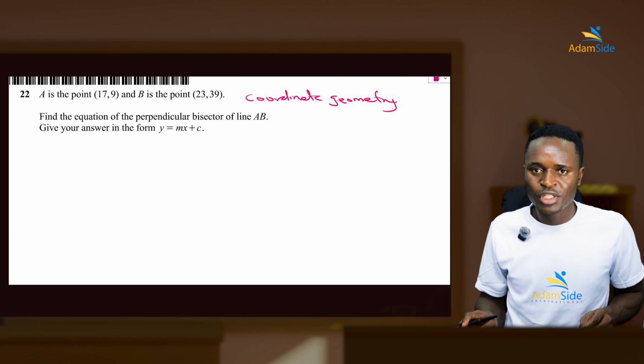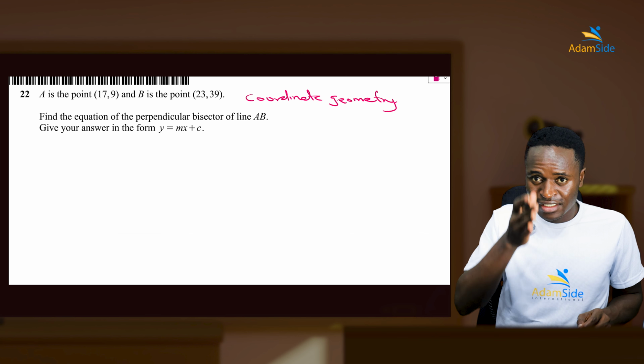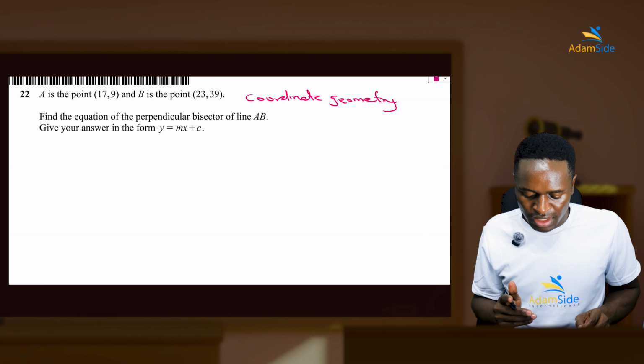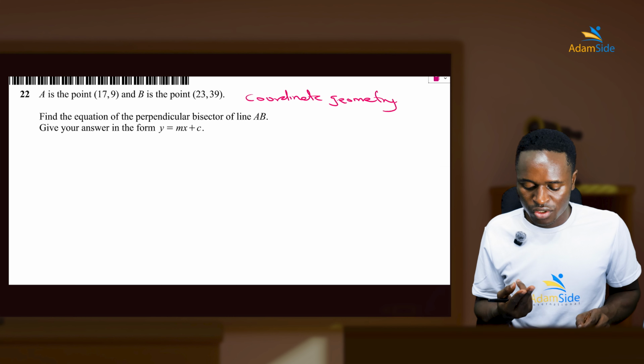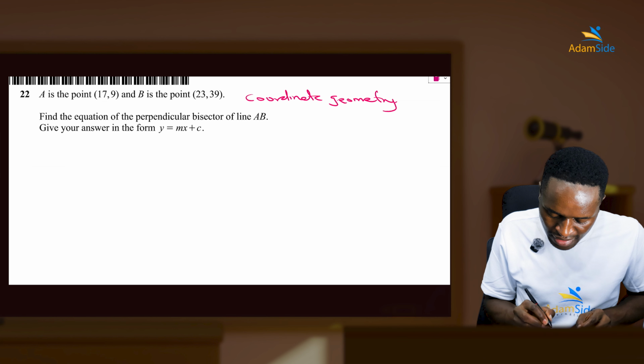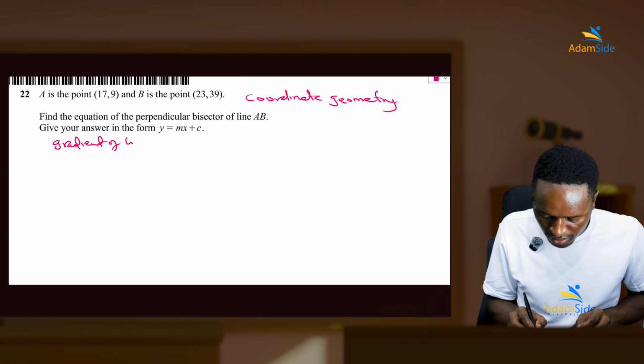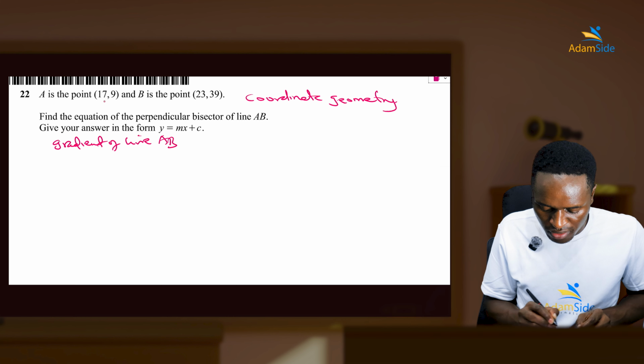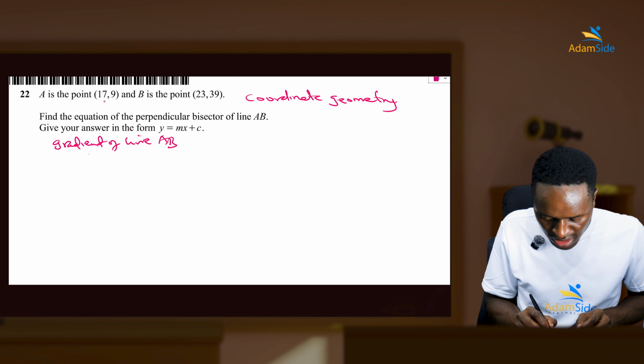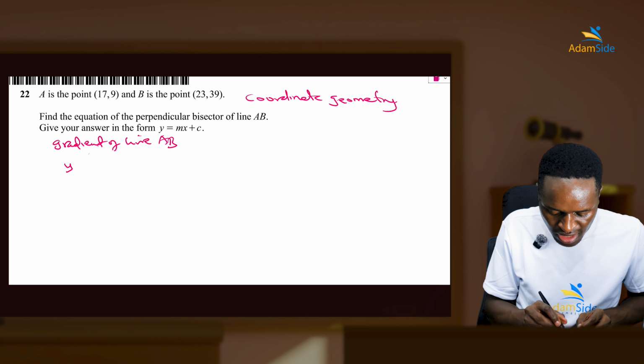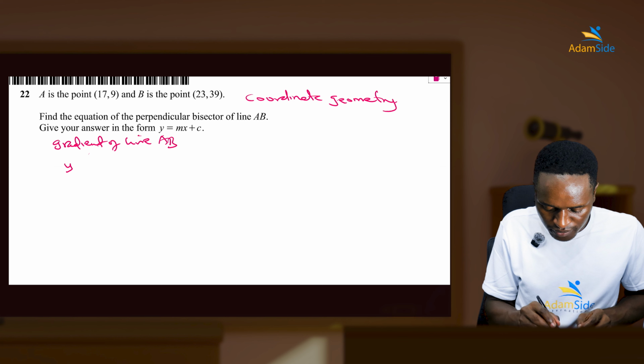One, we have to find the midpoint, through which the perpendicular bisector will be passing. That's rule number 1. Rule number 2, we need to find the gradient. So I'll start by finding the gradient of line AB.